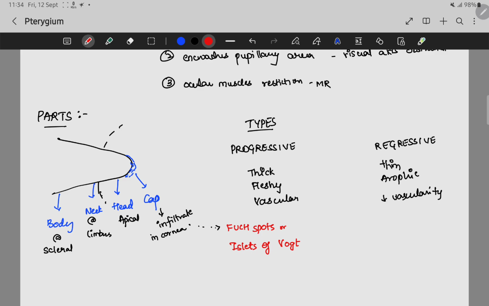Whereas in the regressive pterygium, there is iron deposition anterior to the head. This iron deposition is called Stocker's line.